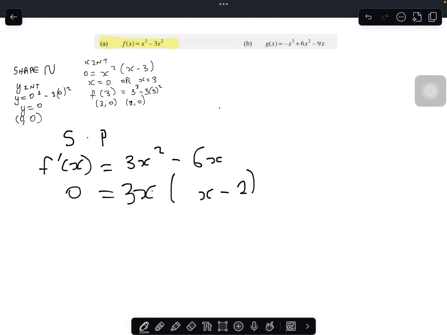So then we know our stationary points would now be x equals 0 or x equals 2.